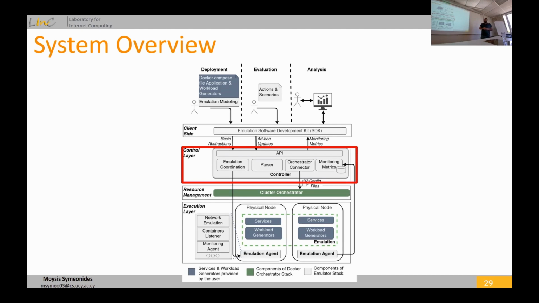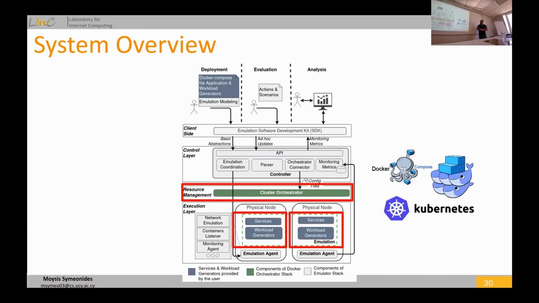The controller is responsible to validate the description, and if the description is valid, then translates the description into the underlying orchestration primitives and submits these primitives to the underlying orchestrator. The orchestrator is responsible to instantiate the emulated instances, to constrain their capabilities, and to observe their execution.